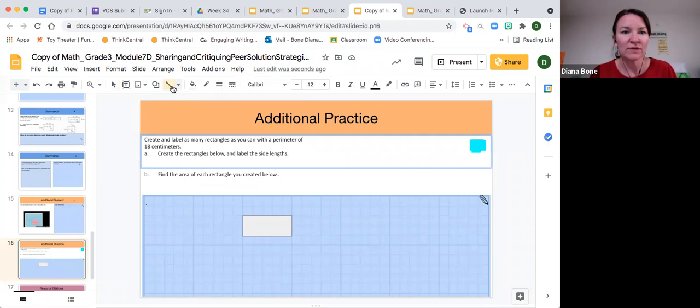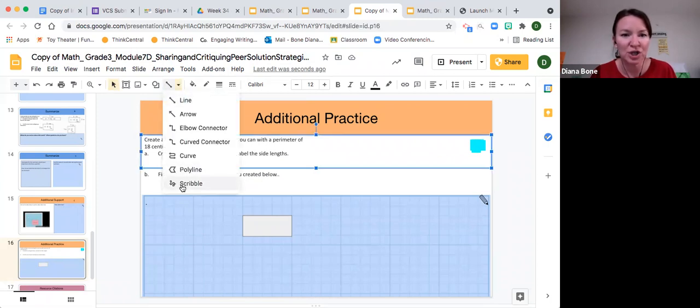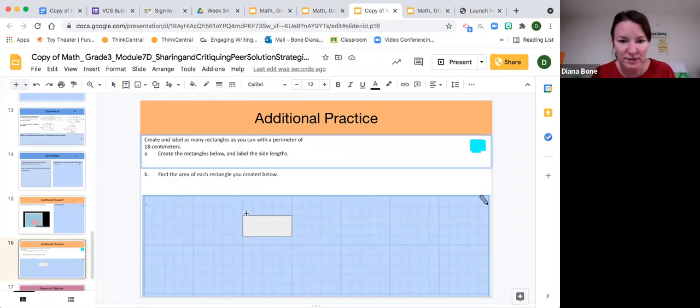to sort of count, put a little check as we count the outside units, because that's what perimeter is, all around the outside.